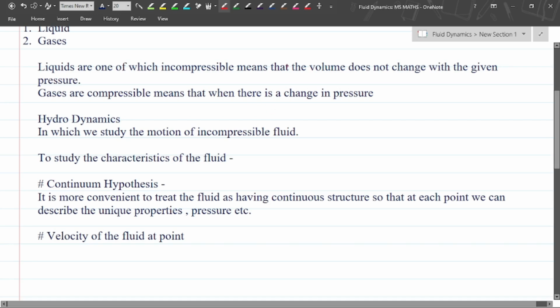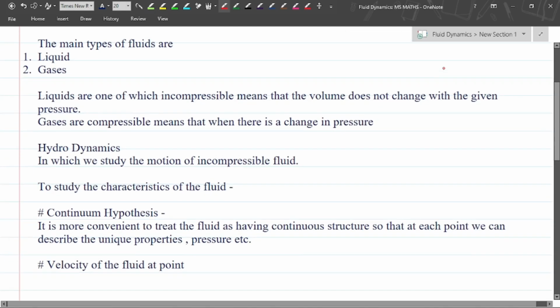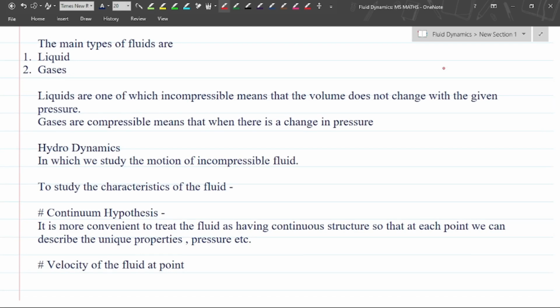Liquids are incompressible, which means that the volume doesn't change with the given pressure. Whenever a liquid is collected in a container, if you give pressure to the container, the liquid will be incompressible in ideal cases, or basically in 99.99% of cases.